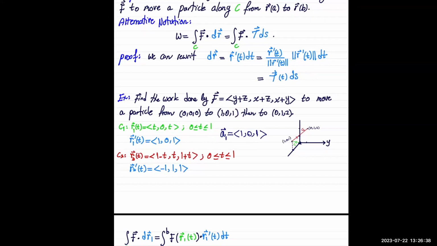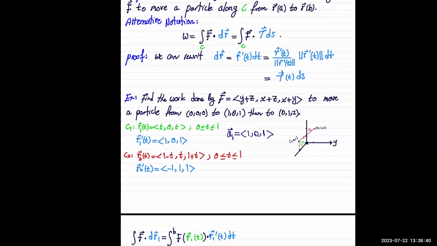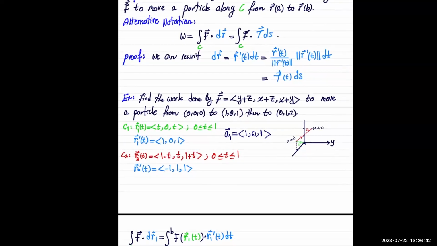And then the vector function is always the coordinates of the initial point plus the components of the parallel vector times t.